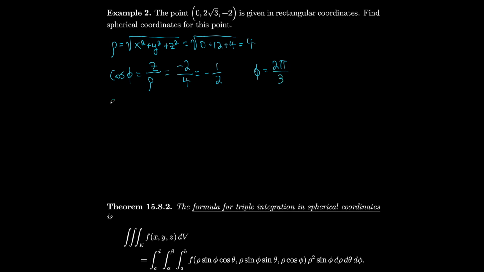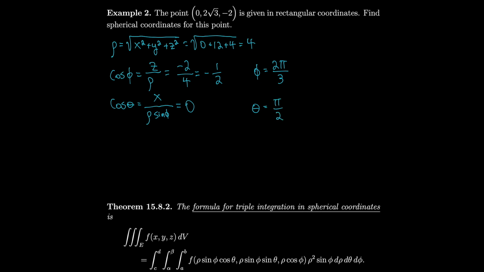All right, how about theta? We have cosine theta is equal to x over rho sine phi. But that's just 0, because our first coordinate was 0. So that means that theta must be pi over 2.